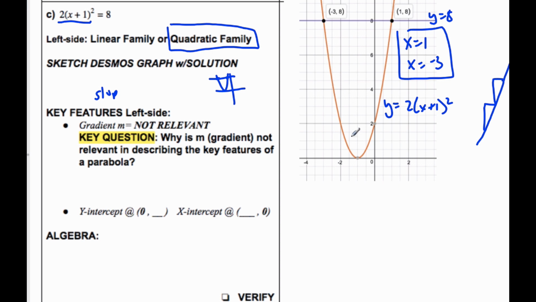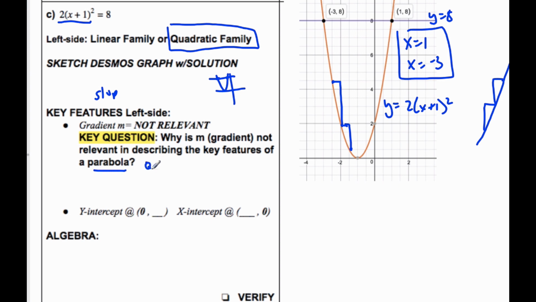If I look here, I could rise up 3 and over 1. Now, if I go to the next point, I rise up 5 or 6 and go over 1. And so it's not consistent. It is a curve, and so there is no gradient when you're talking about a parabola.